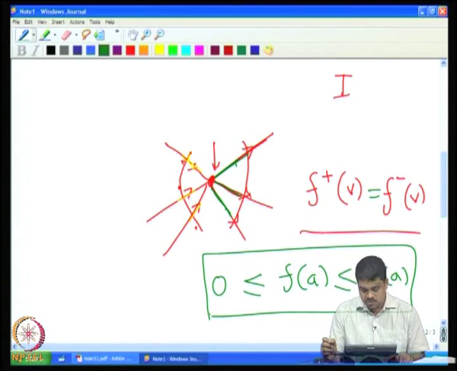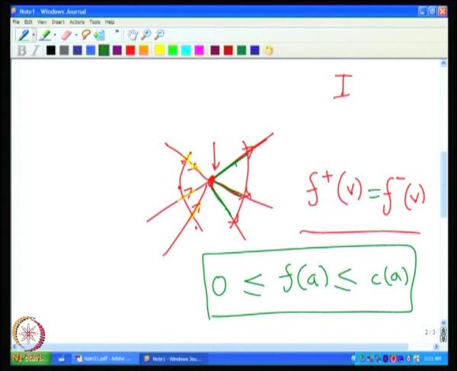It is understandable, because when you say some commodity, negative flow is not allowed, and also one cannot send the commodity through an edge more than its capacity. Therefore, if the flow value defined on an edge is at most the capacity of that edge and at least 0, then it is called a feasible flow. Along with this capacity constraint, the conservation condition is the important thing, and then it is called a feasible flow.